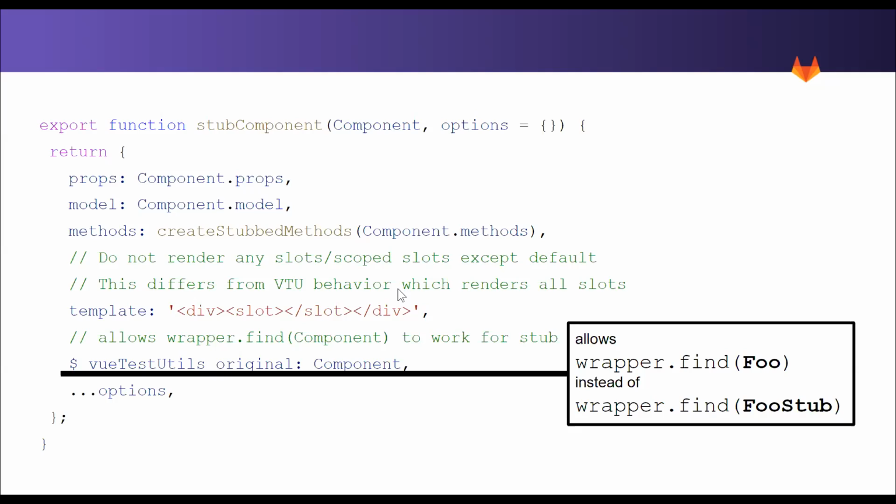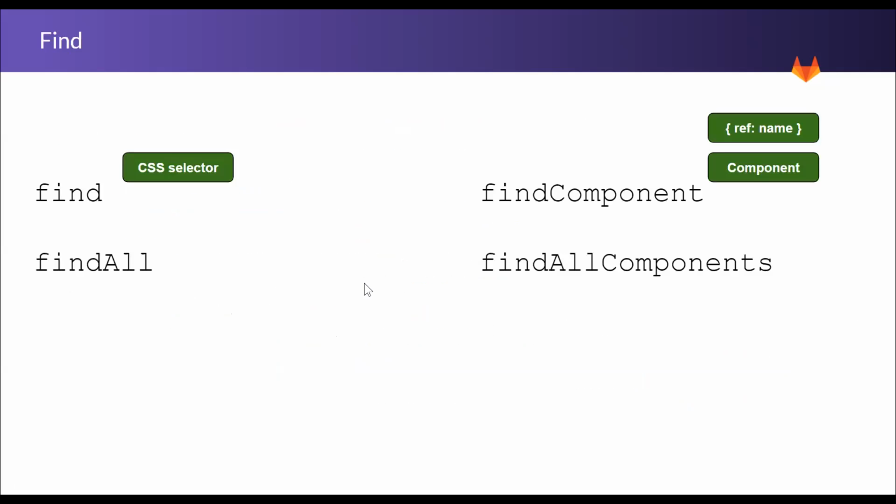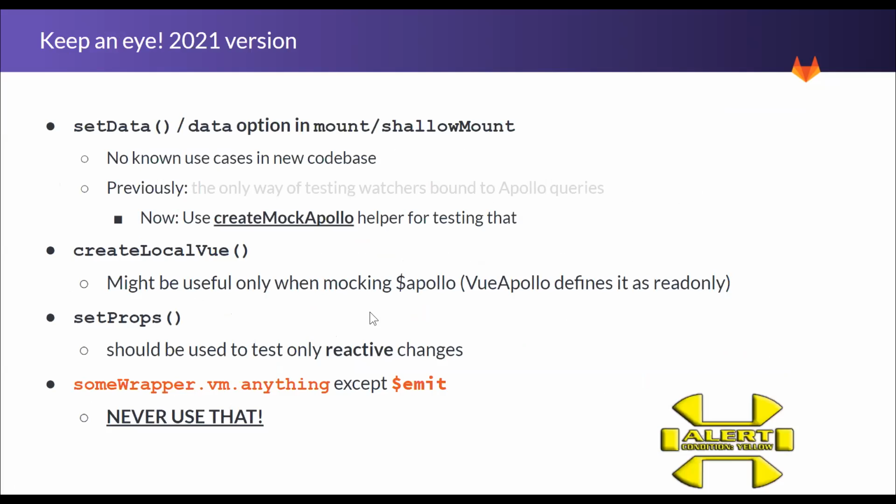Cool. And my last question is to do with createLocalVue on a later slide. You said that it's for use cases when you are mocking $apollo. Can you go into a bit more detail about what you mean by that? Is that where you pass the mocks property? Exactly. When you pass the mocks property, and in the mocks there is $apollo, and you've done Vue.use(VueApollo), it will complain that, hey, the $apollo property is read-only.